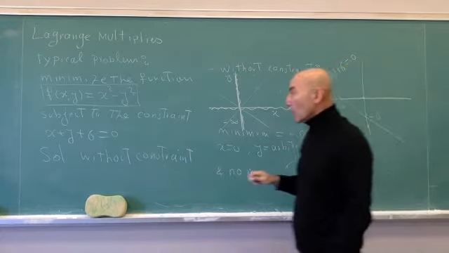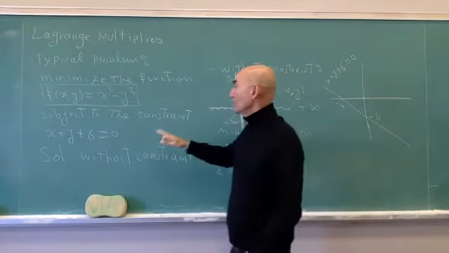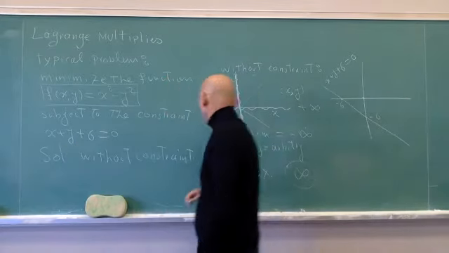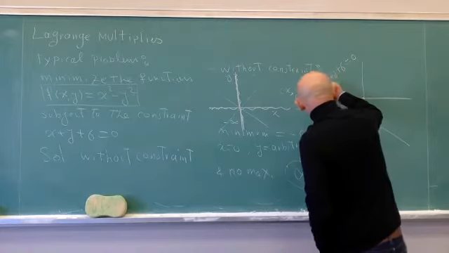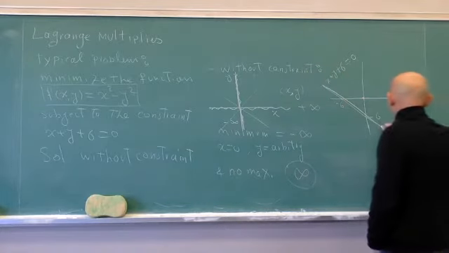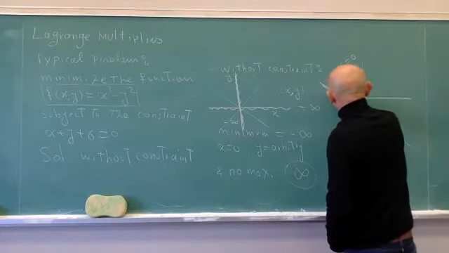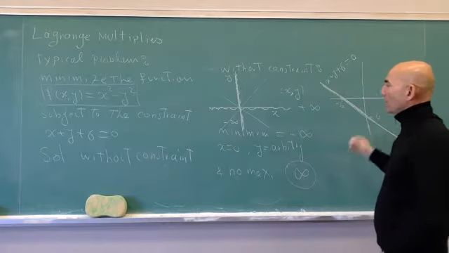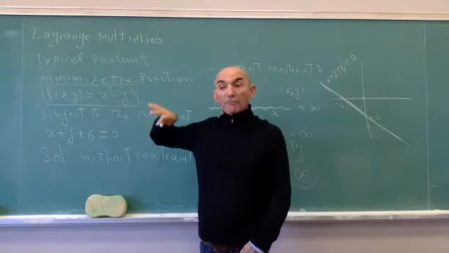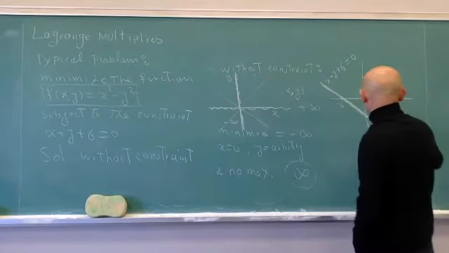So now we are told that no, you cannot be anywhere you wish. You have to be on this line. That's the constraint. And now we are asked if we can find the maximum and minimum possibly of this function if x and y are confined to this line, x plus y plus 6 equal to 0.